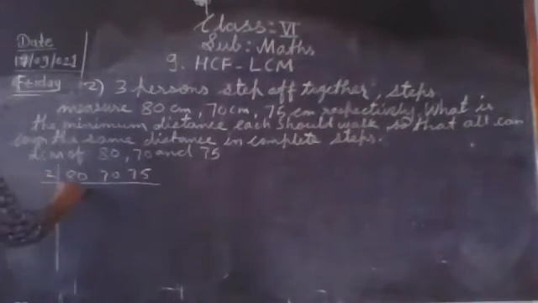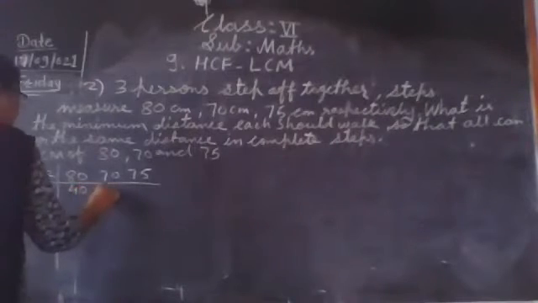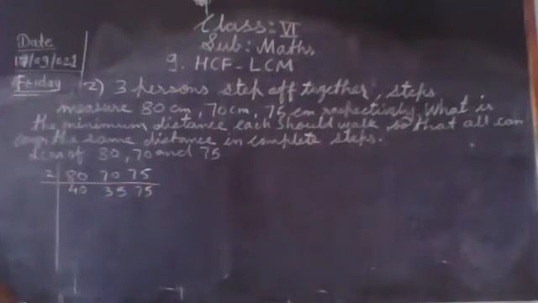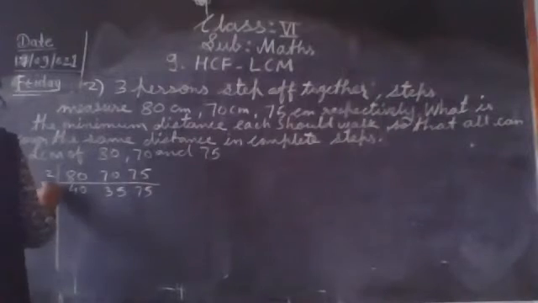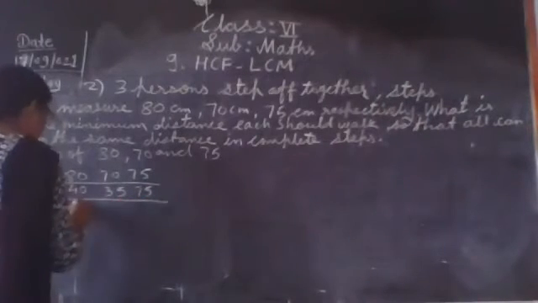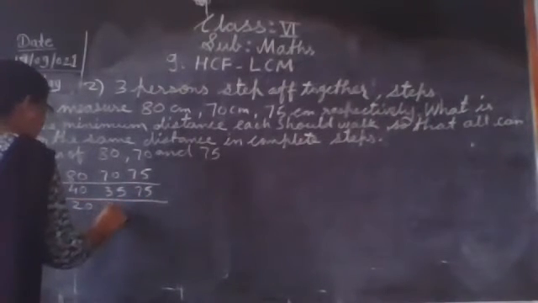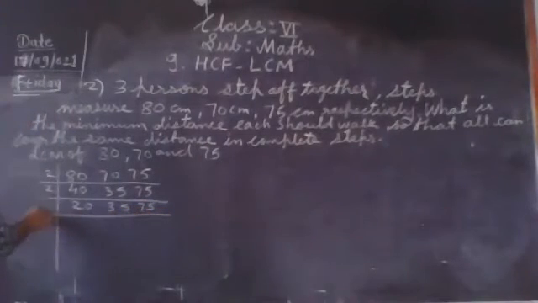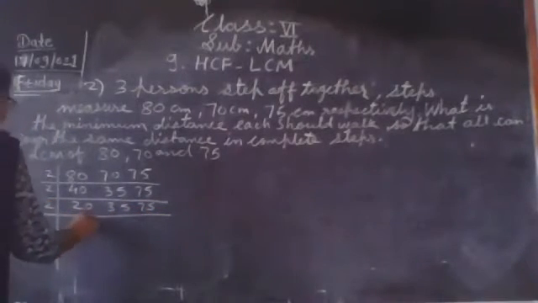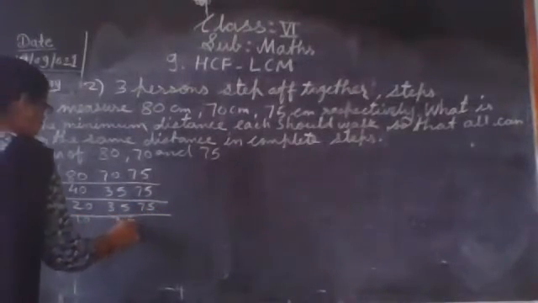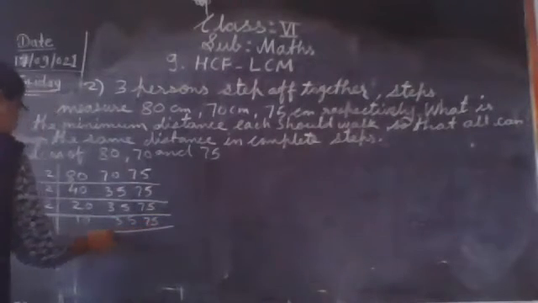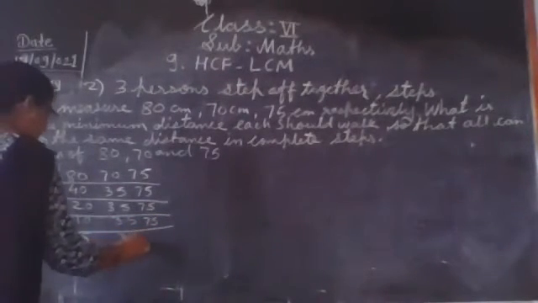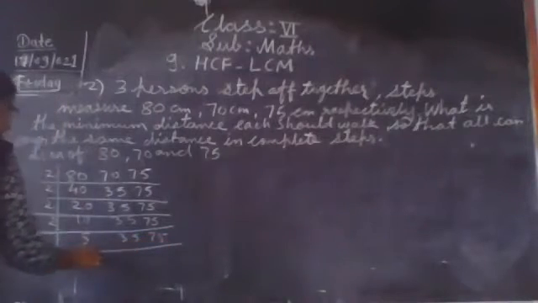All are even, so 40, 35 and write down 75 as it is. Again, 20, 35, 75. 10, 35, 75. 2, 5, 35, 75.